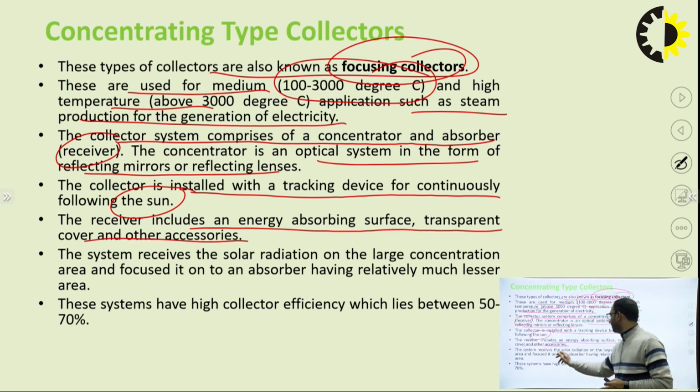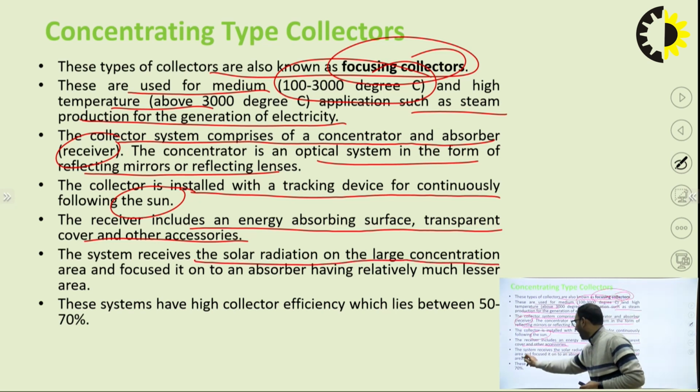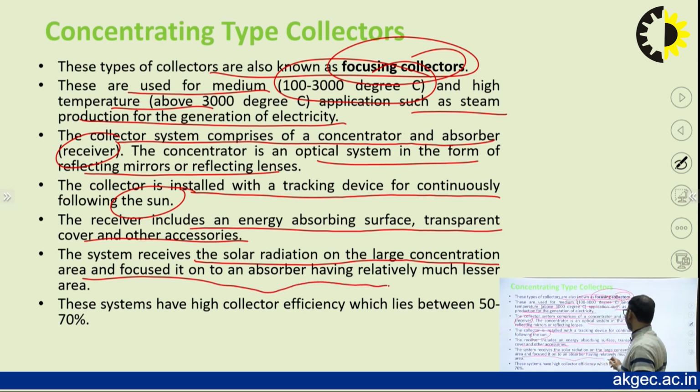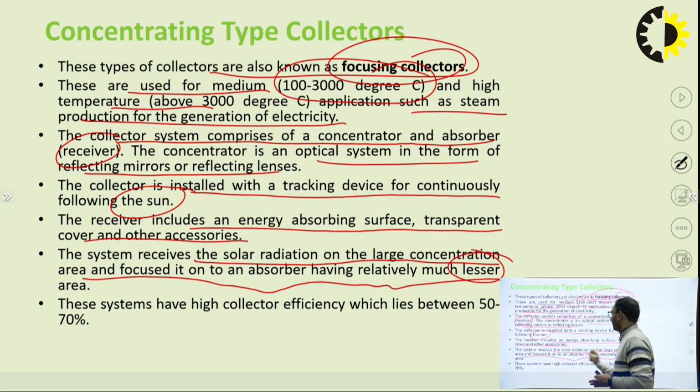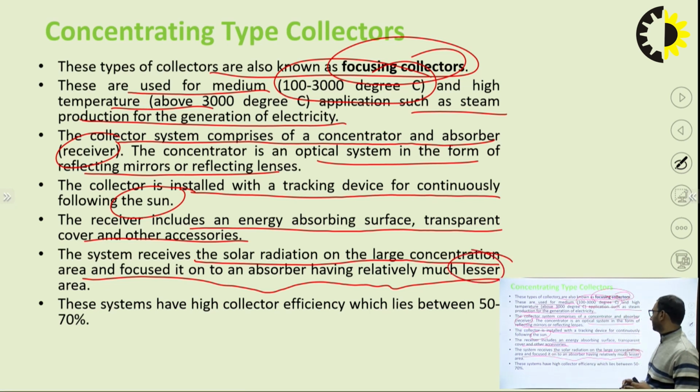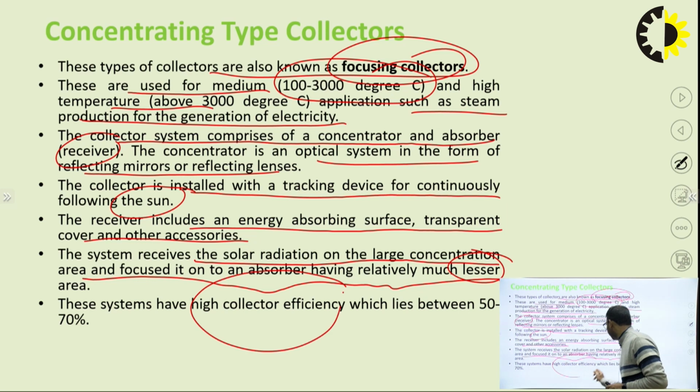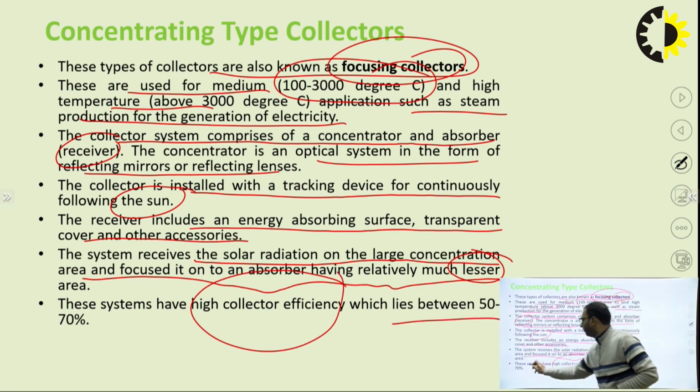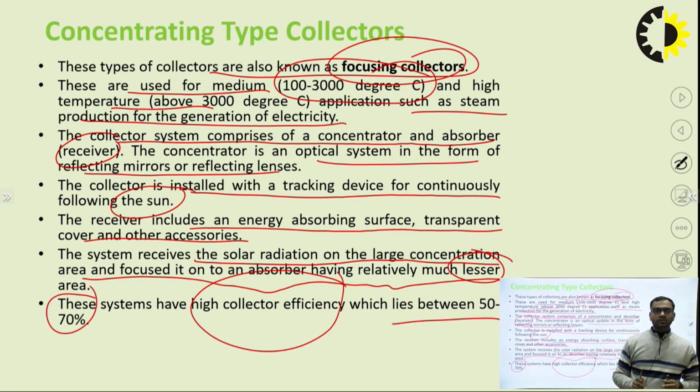The system receives the solar radiation on a large concentration area and focuses it onto an absorber having relatively much lesser area. This type of system has high collector efficiency, which lies between 15 to 70%. Compared to non-concentrating type collectors, concentrating type collectors have better efficiency, which lies between 50 to 70%.